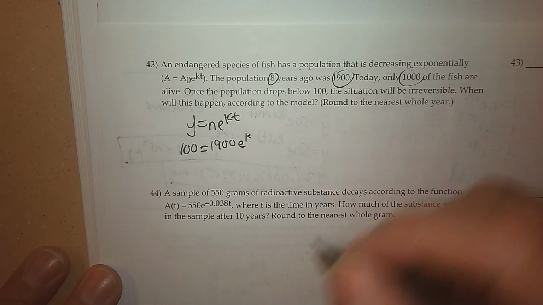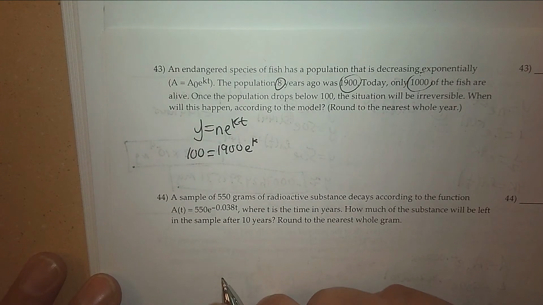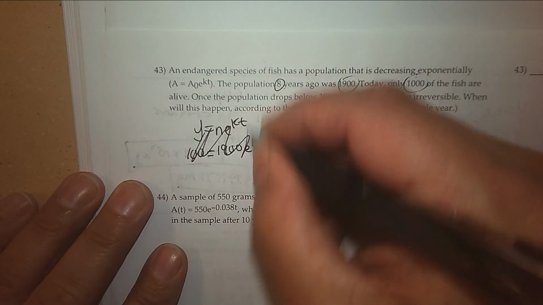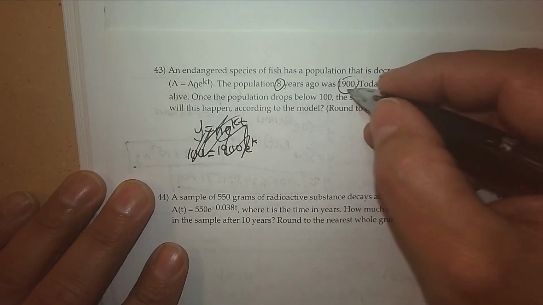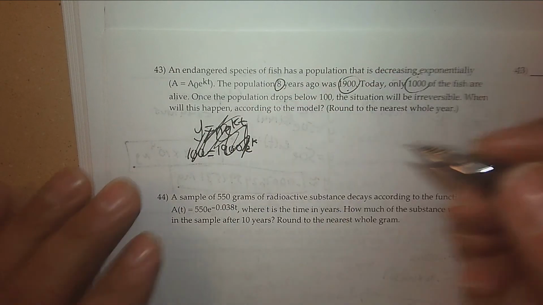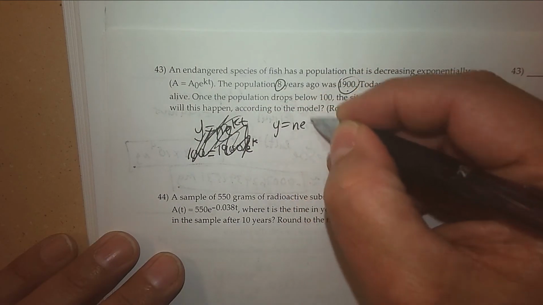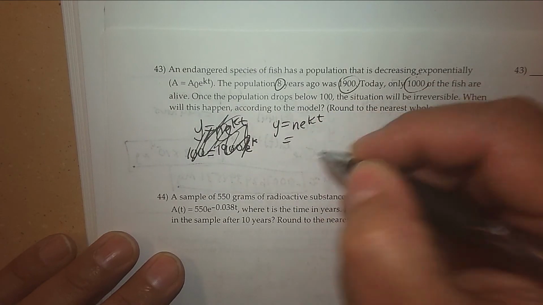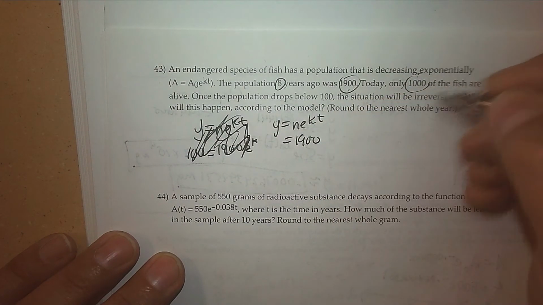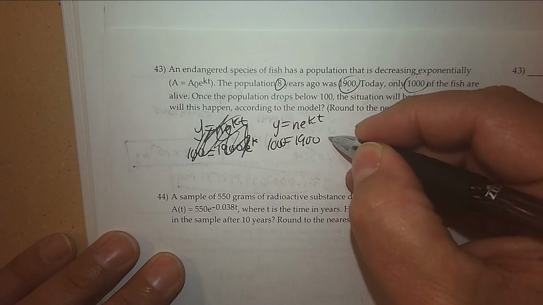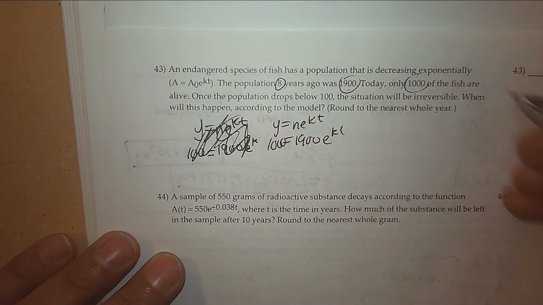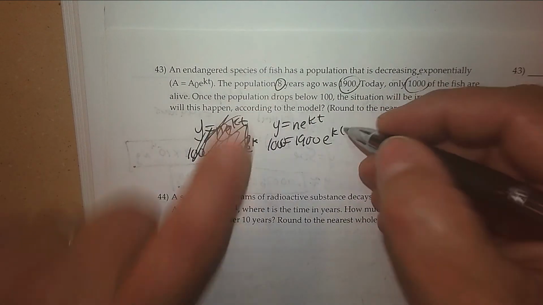It says, when will this happen? Oh, let's start again from the beginning. So let's use 1,900 and 1,000. We first have to find the rate they're decaying at. So we start with y equals n e to the kt. The beginning amount was 1,900. We went down to 1,000. How many years did it take to get to 1,000? And the answer was 8 years.